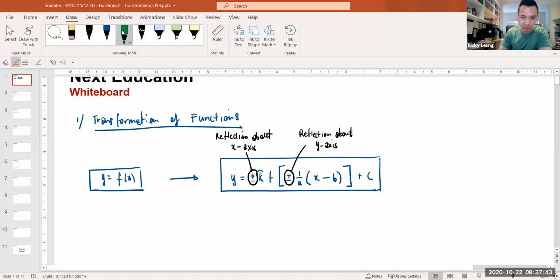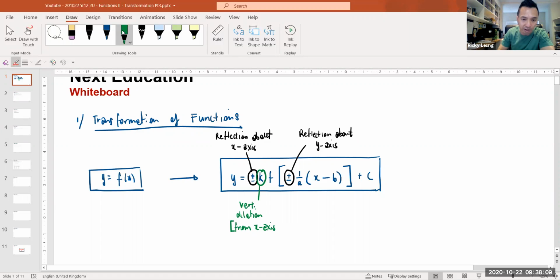So next thing I want to highlight, that one there is a vertical dilation. Now, more importantly, in some of the language you'll see, especially in the Victorian syllabus, sometimes I might say it's a vertical dilation from the x-axis. That makes sense, because if you're at the x-axis and you're dilating, it's a dilation from the x-axis.